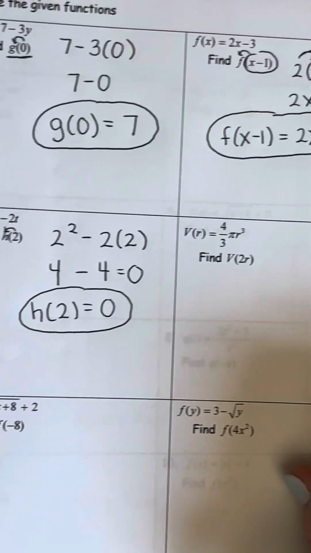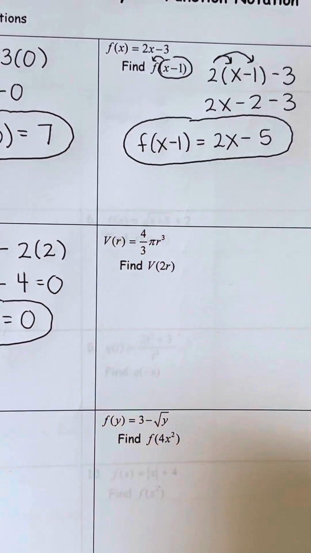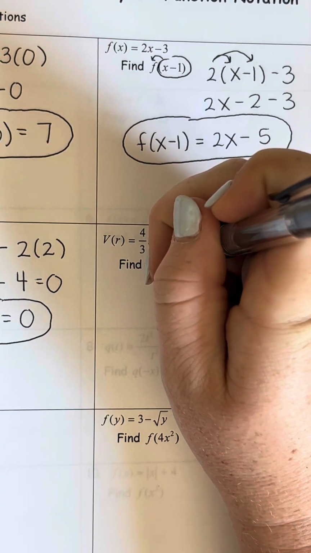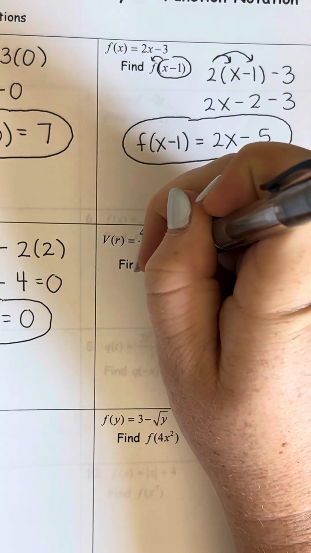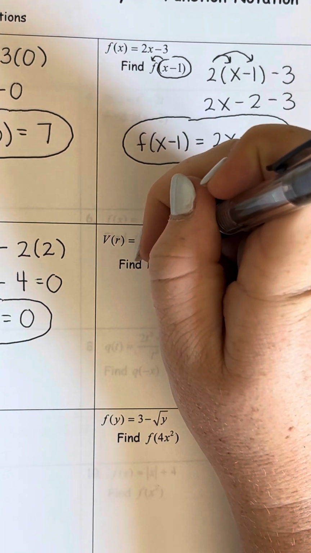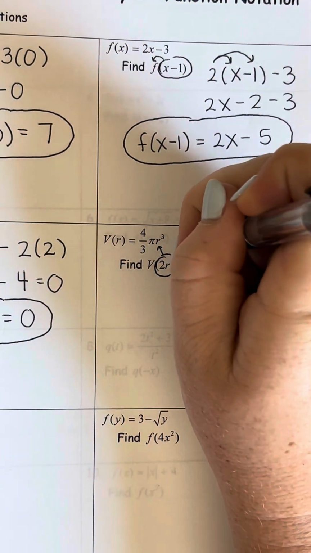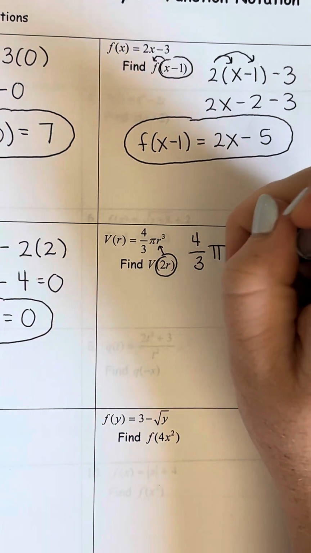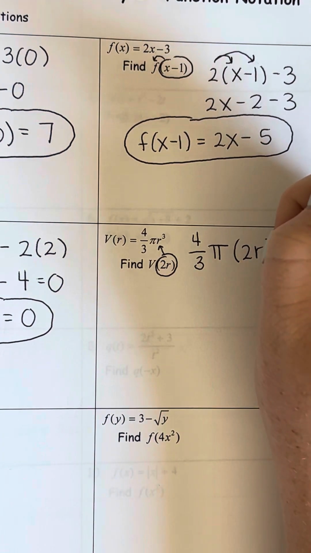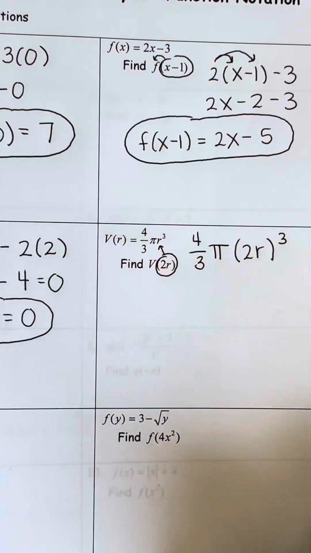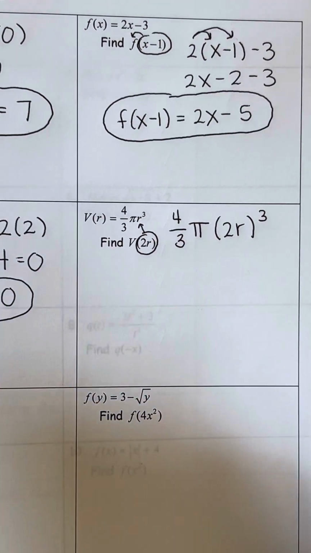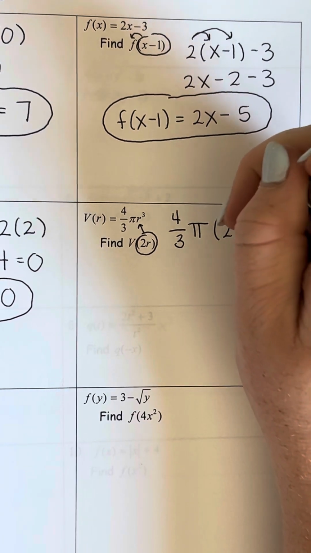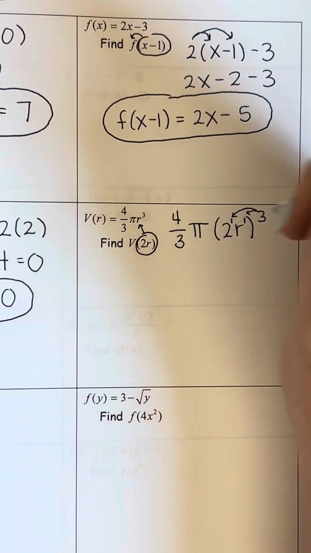Moving over here, we have a volume equation. So this is the volume of a sphere. If we were gonna do this one, it wants us to plug in 2r anywhere that we see that r. So we're plugging it in right there. So it's gonna be 4/3 pi, and then we're replacing it with 2r cubed. Now this is our exponent rules. So remember, these both have imaginary 1s as their exponents, so that 3 is getting distributed to both.